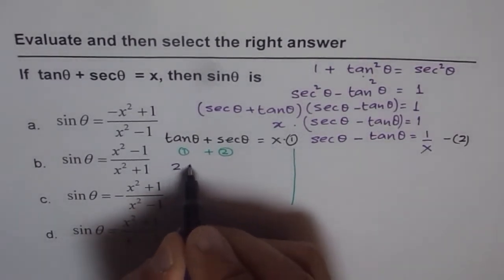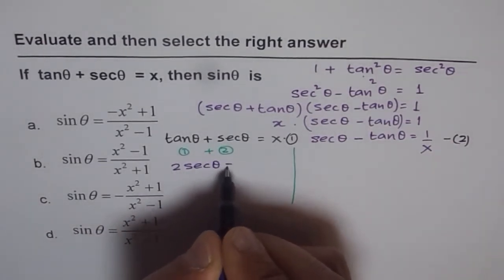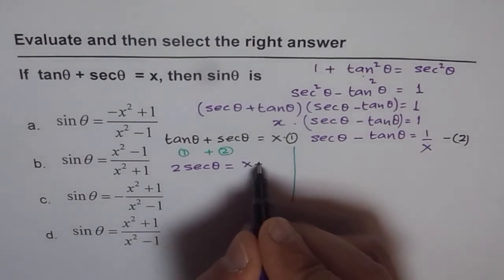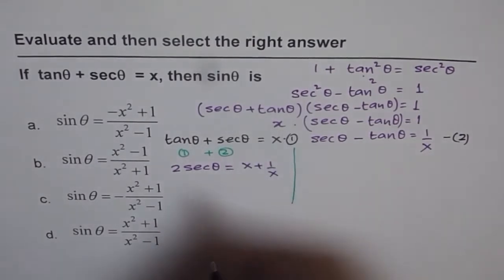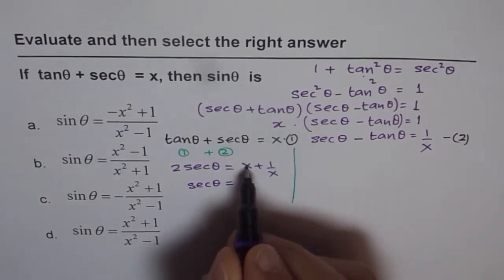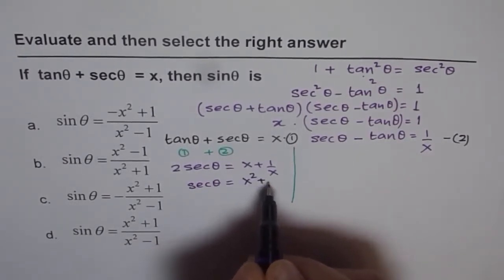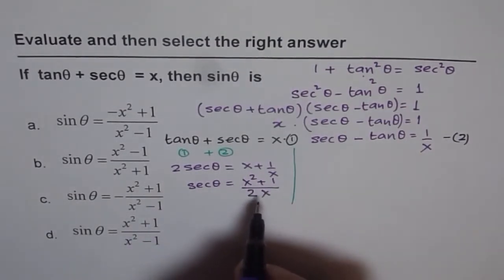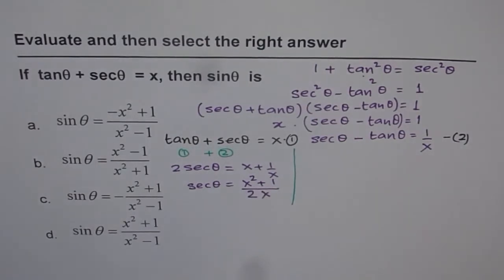So we get 2 secant theta equals x plus 1 over x. Correct? And from here we can find secant theta. If you take a common denominator, it becomes x squared plus 1 over x, and then we divide by 2. So we get secant theta equals x squared plus 1 divided by 2x.